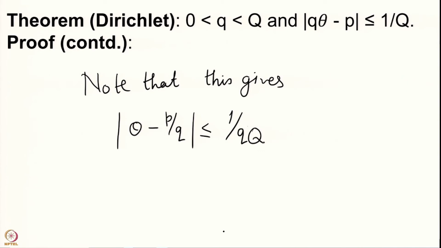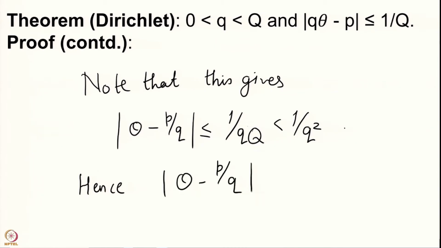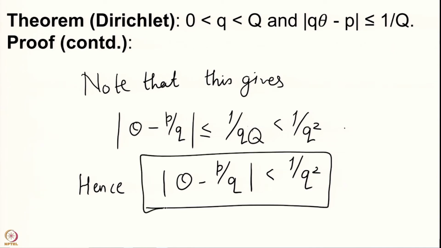And because q is strictly smaller than capital Q, 1 upon q is going to be strictly bigger than 1 upon capital Q. So, hence we have obtained a rational number p by q for our real number theta satisfying this inequality.